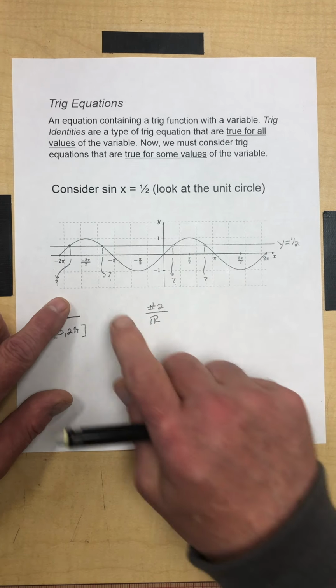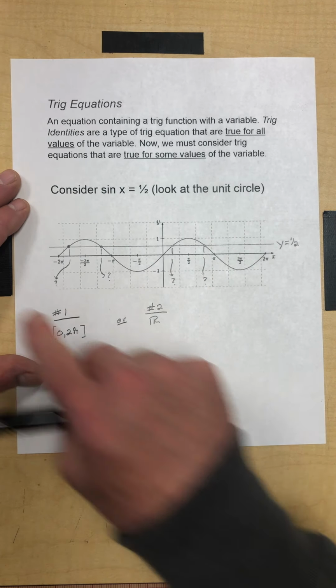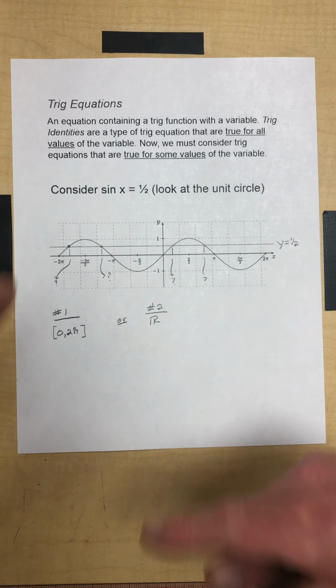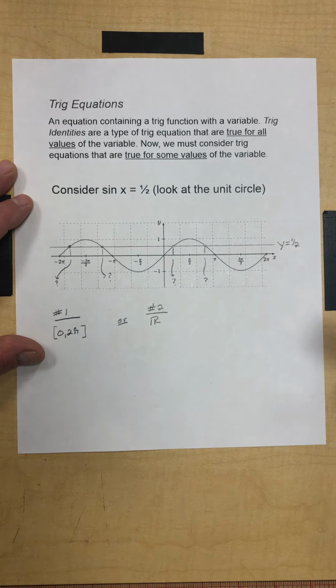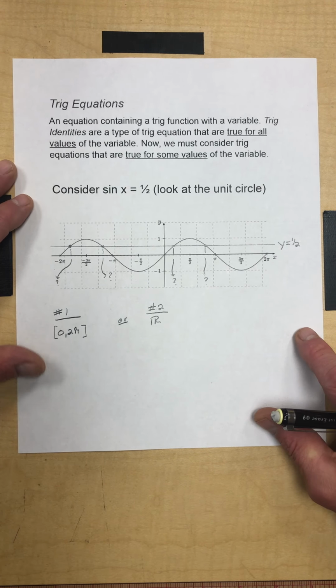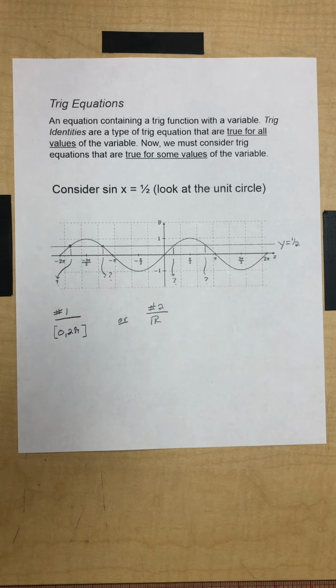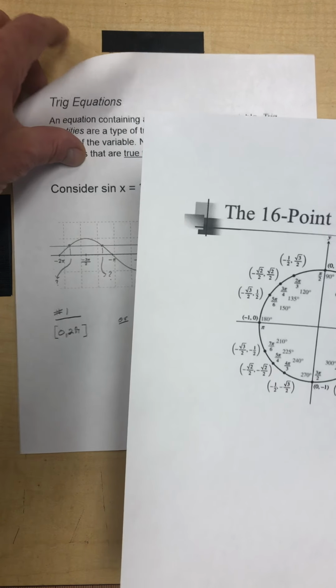Well, obviously, if I continue this graph to the right and to the left, I'm going to just keep adding solutions. They're just going to keep recycling themselves because sine just keeps oscillating up and down between -1 and 1. So I would have to come up with some way to represent all of those solutions, which isn't hard to do. You can also take a look on the unit circle.